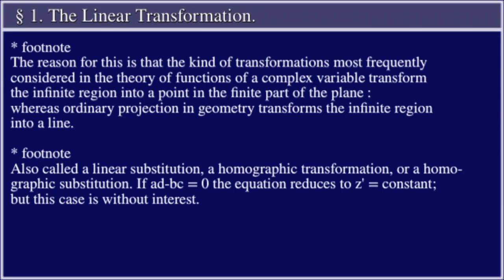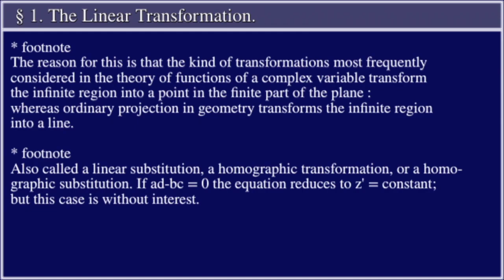A reason for this is that the kind of transformation most frequently considered in the theory of functions of a complex variable transforms the infinite region into a point in the infinite part of the plane, whereas ordinary projection in geometry transforms the infinite region into a line. Also called a linear substitution, a homographic transformation, or a homographic substitution.